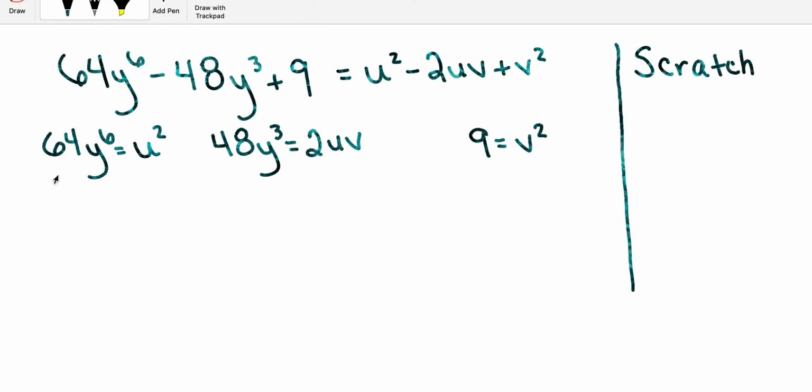All right, so we have 64y to the 6 equals u squared, 48y cubed equals 2uv, and 9 equals v squared. In the first equation, we're going to solve for u. In the second equation, we're going to substitute u and solve for v. And then in the third equation, we're going to solve for v and see if it matches our answer for the middle equation.